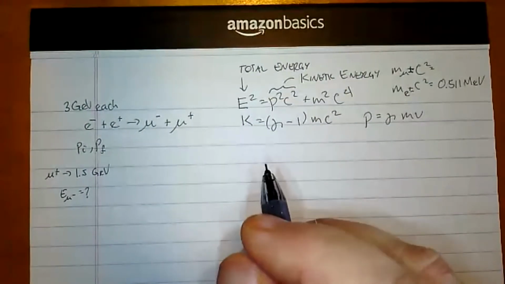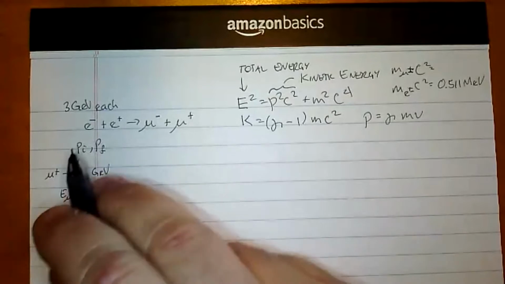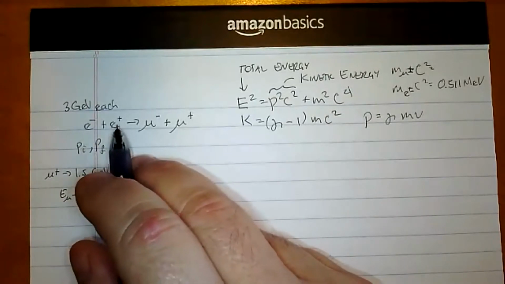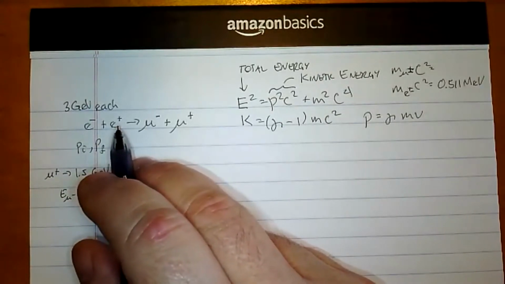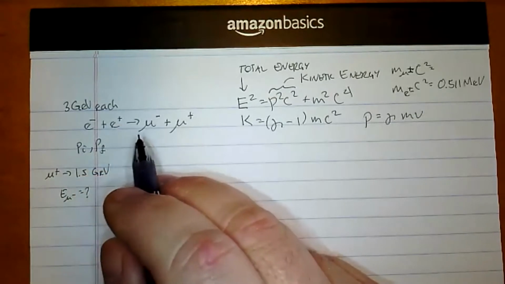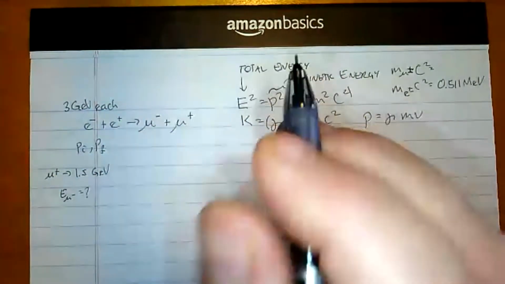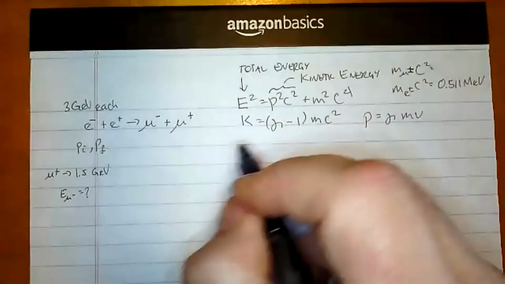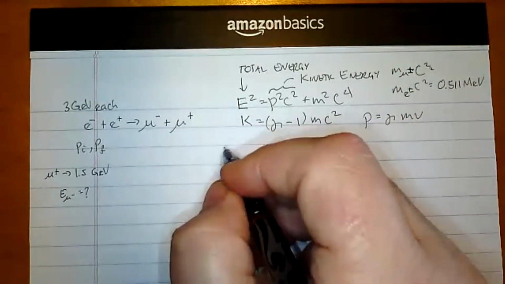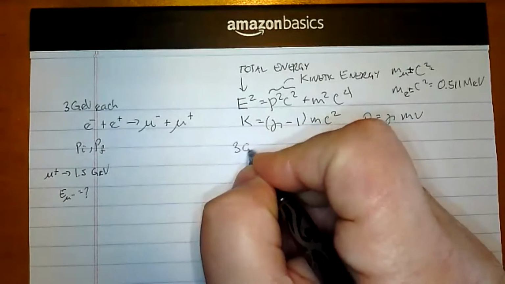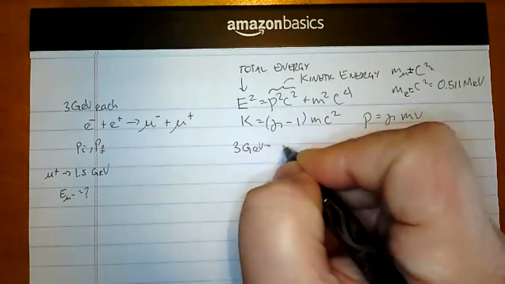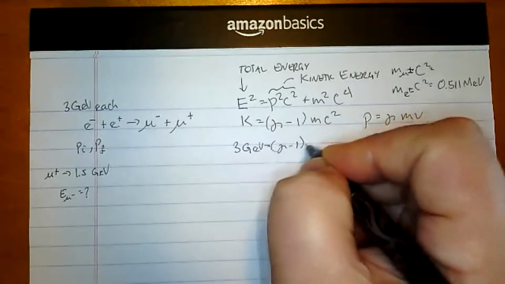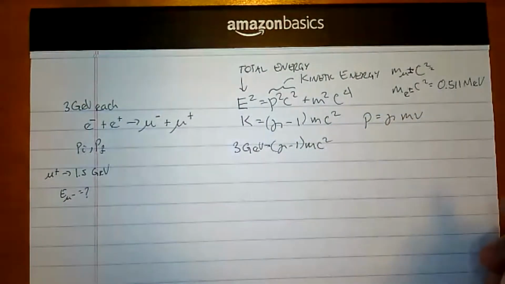Okay, so those are the main expressions we need. And what they're initially asking for is what is the momentum of the two particles before? Isn't that what part A was asking for, David? I believe so. Okay, so what we want to do is gamma times MV, and we already know that we can solve for gamma by just saying 3 GeV is equal to gamma minus 1 times MC squared.